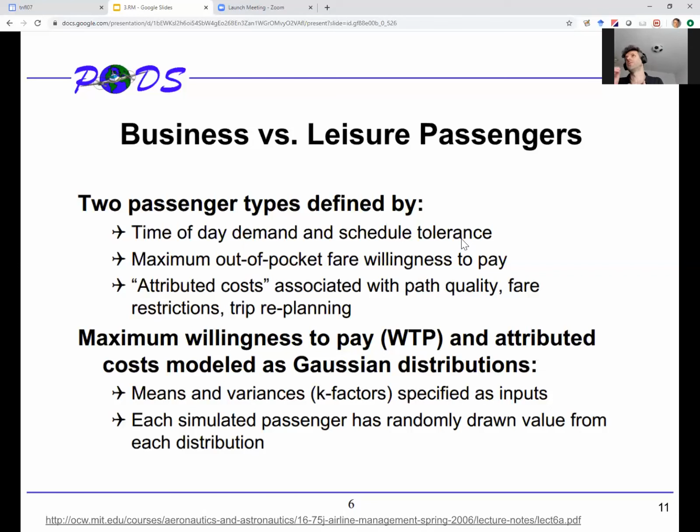They really want to fly at certain times, while leisure passengers can shift their plans, plus or minus a couple of days if necessary, or maybe even a week, if it's a summer vacation. So that's the fancy name for the first bullet. Maximum amount of pocket fare, willingness to pay.